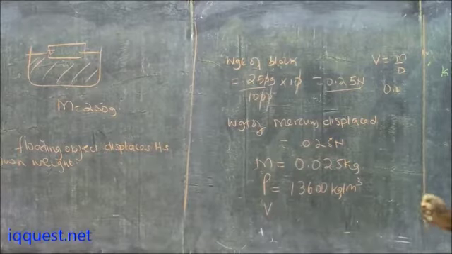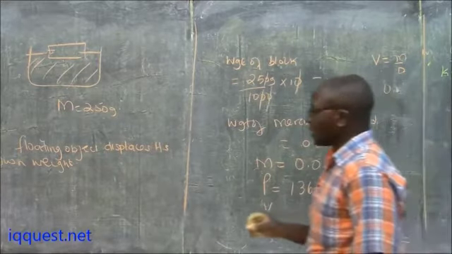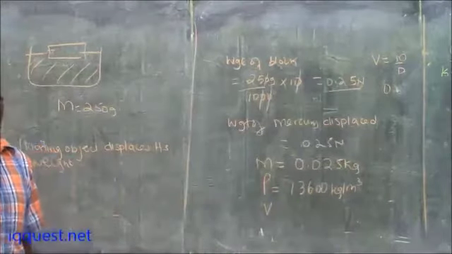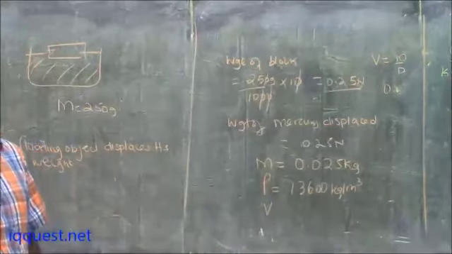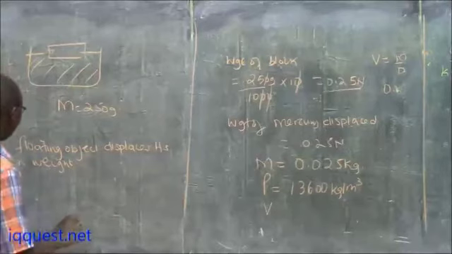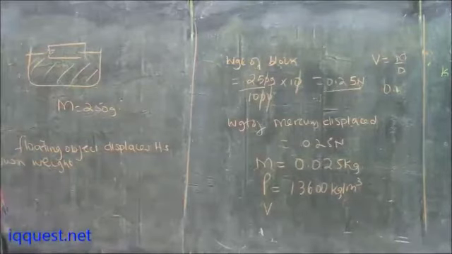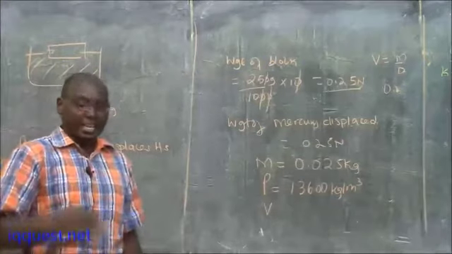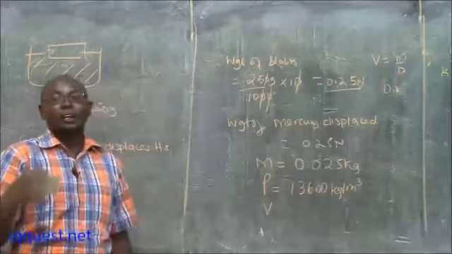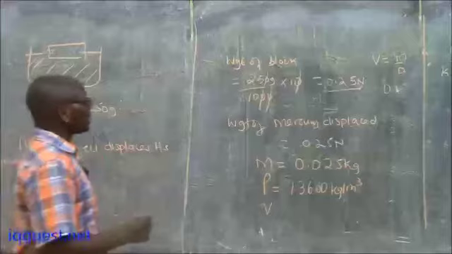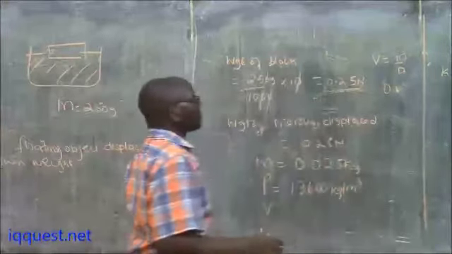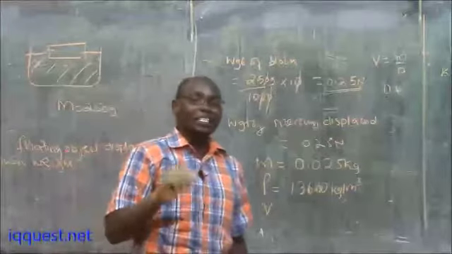And I've said we can only answer these questions by the law of flotation, which says a floating object displaces its own weight. Because we have the mass of the glass block, we can get the mass in kgs, and consequently we can get the weight. That should be the weight of the mercury that is displaced.